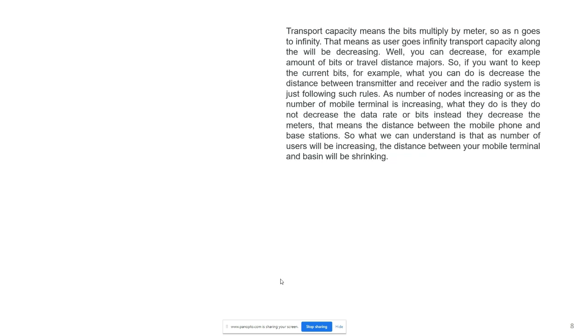So, what we can understand is that as the number of users increases, the distance between your mobile terminal and base station will be shrinking. Kaya dumadami na dumadami yung base station natin kasi dumadami yung user natin. So, kagaya ng sinasabi dito, as the number of users is increasing, the distance between the receiver and the transmitter is shrinking.